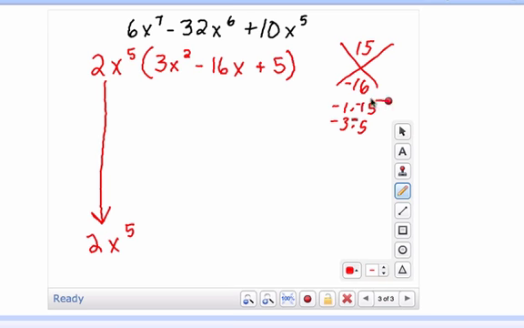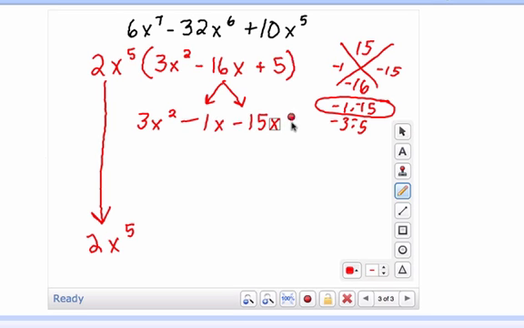So you can see this is going to be a negative 1 and a negative 15 to fit this pattern. Okay, so now we're going to rewrite the negative 16x using the negative 1 and the negative 15. So I bring down the 3x squared minus 1x minus 15x plus 5.